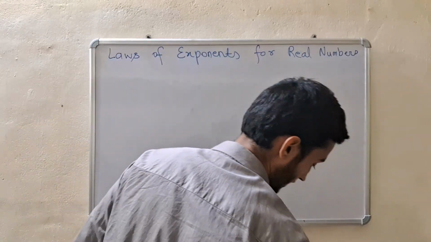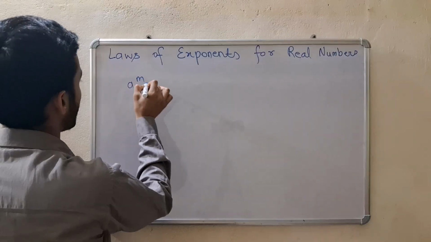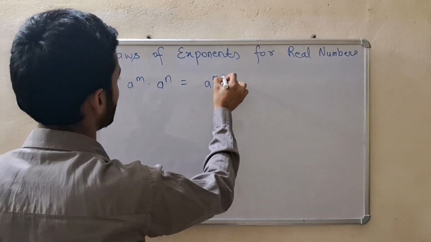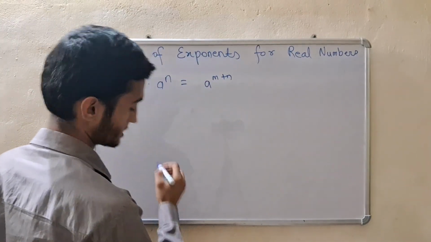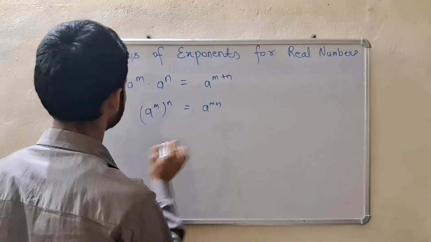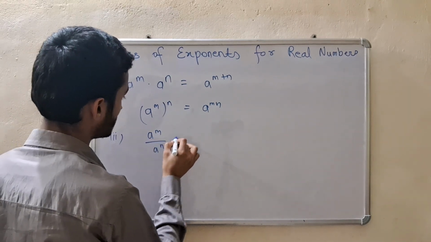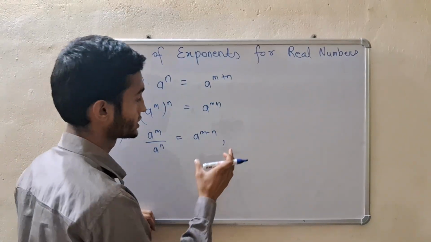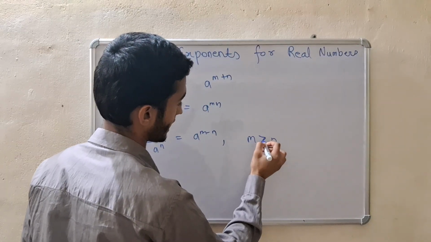So the rules which we have applied and which we know from our earlier classes are these. a to the power m times a to the power n is equal to a to the power m plus n. So this is rule number one. The other law was this: a to the power m, raised again to the power of n, becomes a to the power mn. And the third law is this: a to the power m upon a to the power n becomes a to the power m minus n. In this specific law, we also have a condition, and that is m needs to be greater than n.